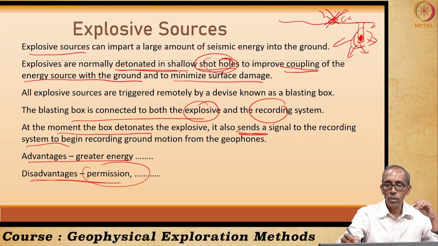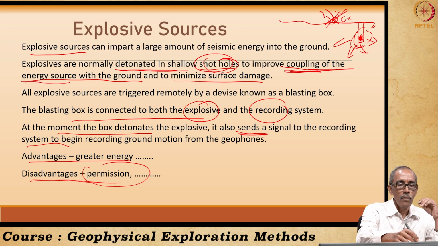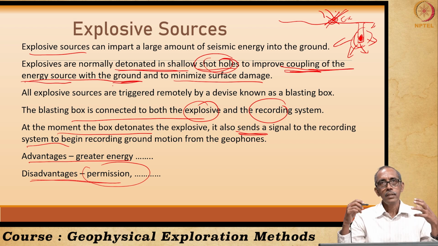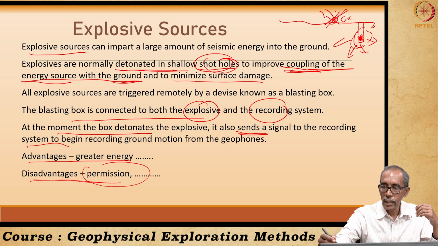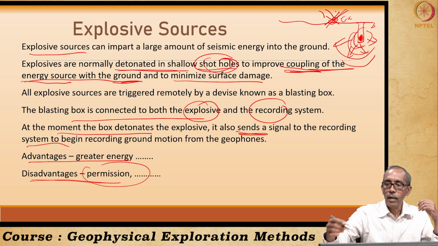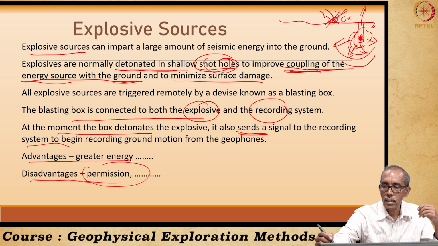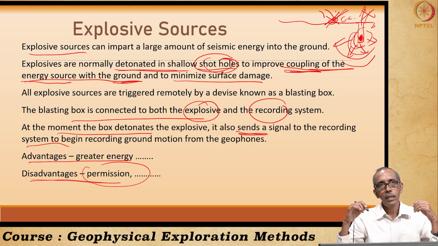Why? In order to improve the coupling of the energy source with the ground, so that entire energy is focused into the earth and wastage to the surface is very much minimized. That is why we need a short hole.